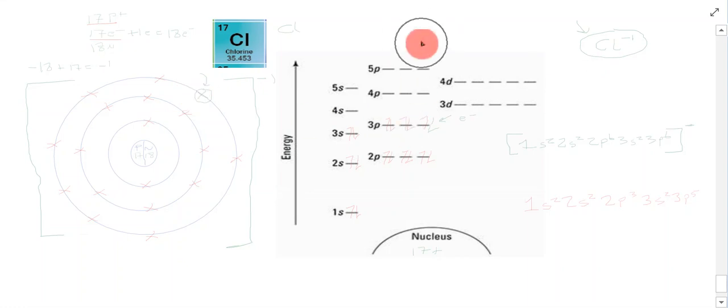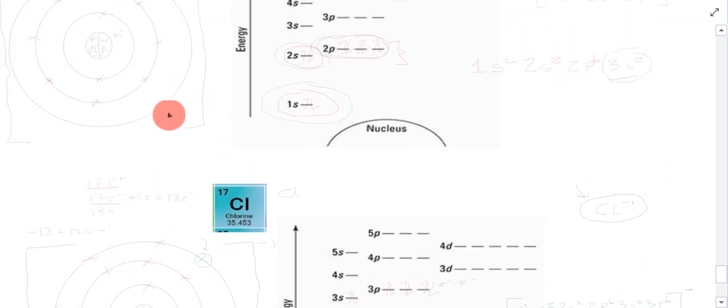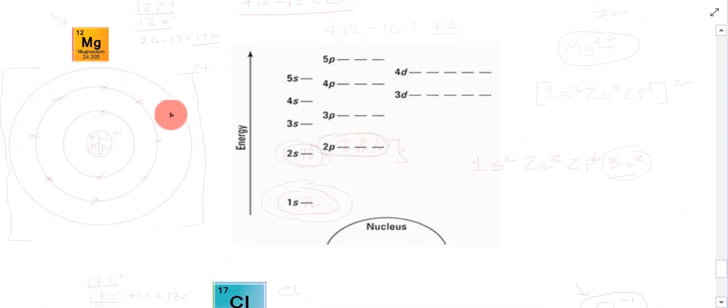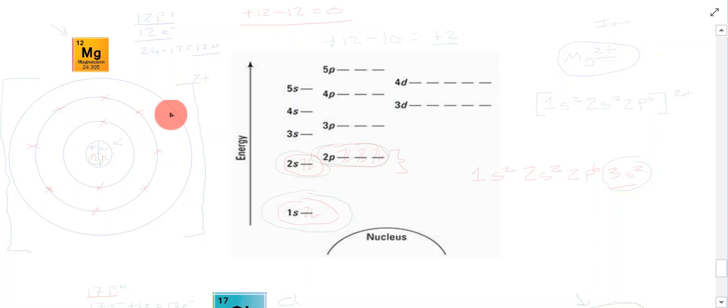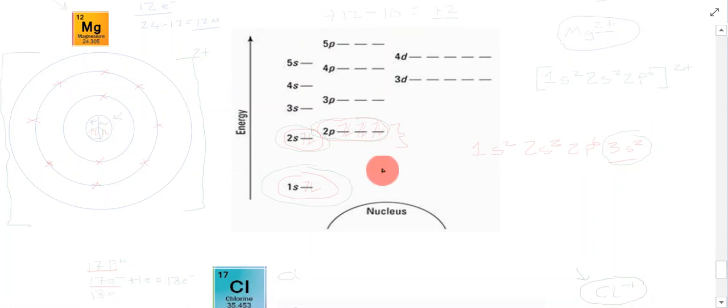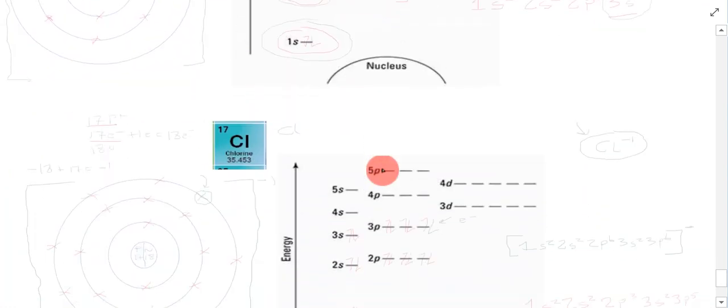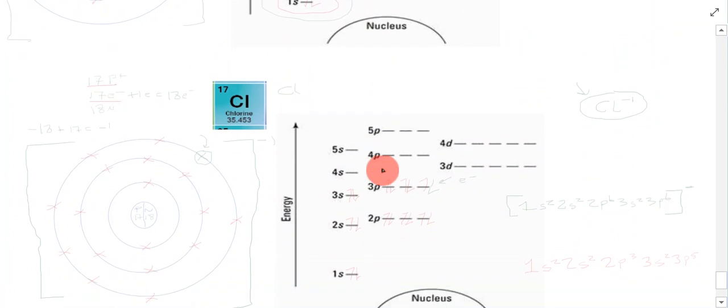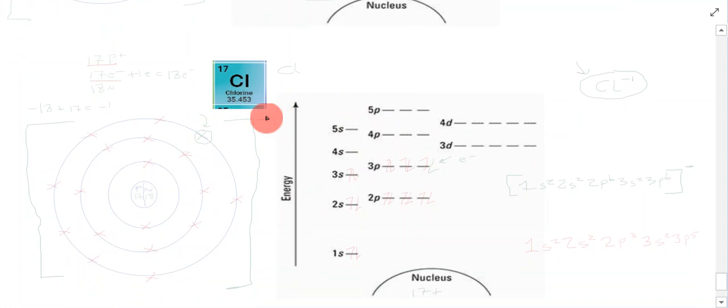So that's how, when we look at the arrangement of, for example, chlorine here, and then when you look at magnesium, this is how we can represent ions. So basically it's the electronic configuration of ions and how the electrons are arranged in the individual atoms. Hopefully that makes sense, and it brings a little more clarity, linking all of these concepts into each other.